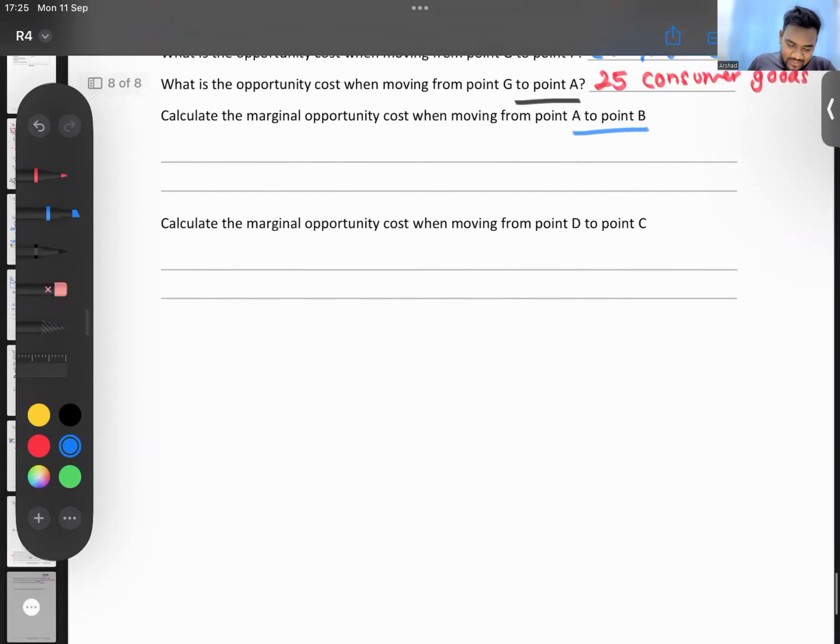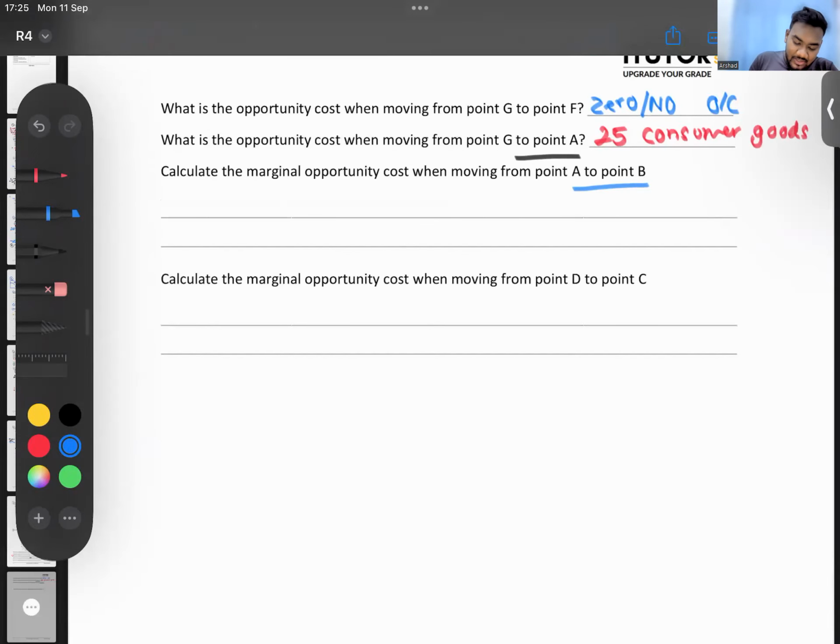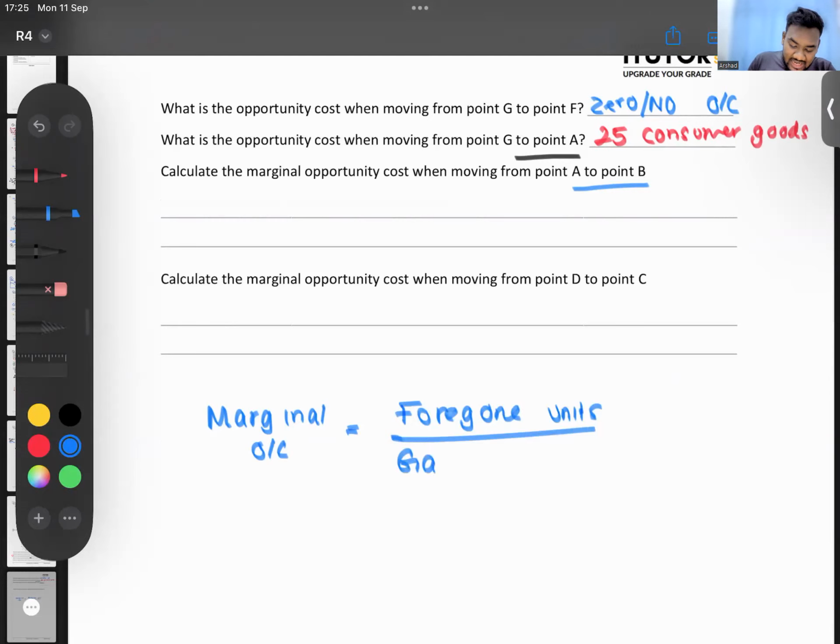So what is the equation for marginal opportunity cost? Marginal opportunity cost is equal to your foregone number of units divided by your gained number of units, no?